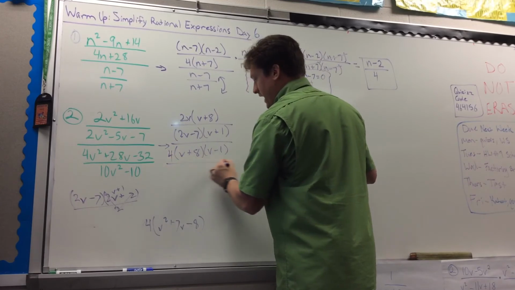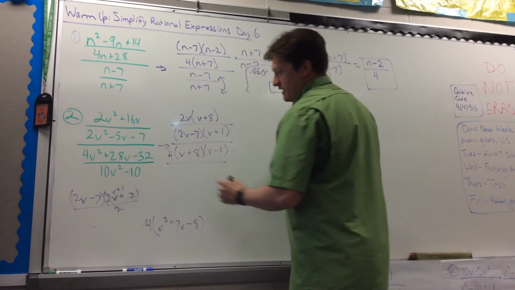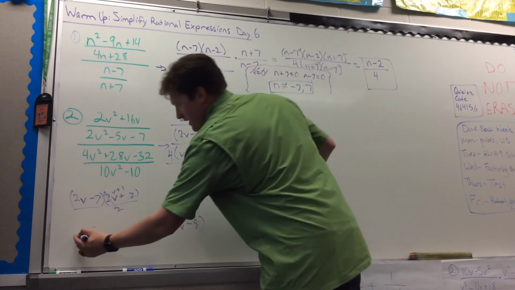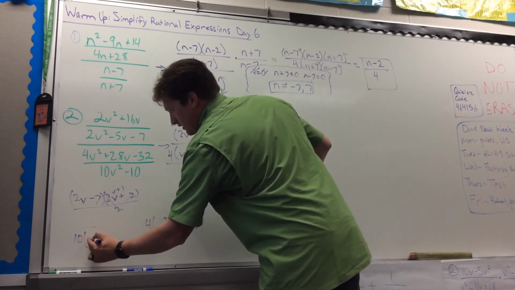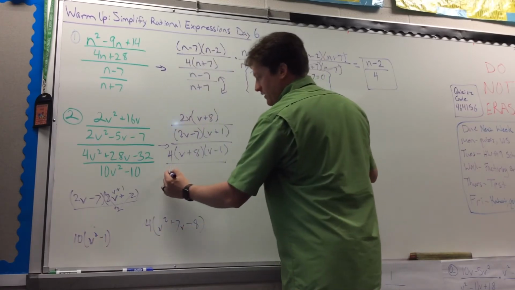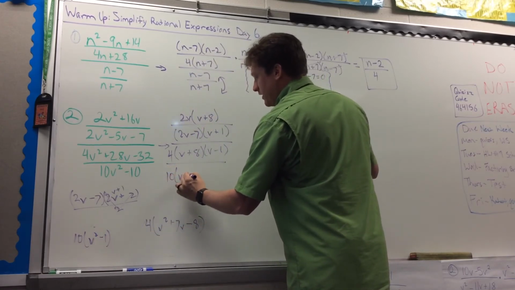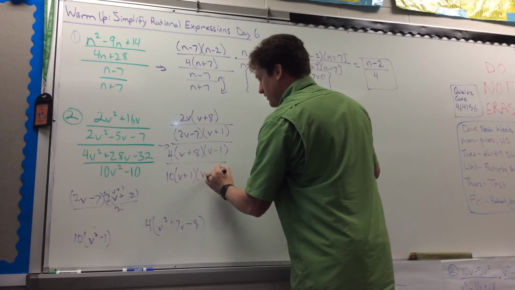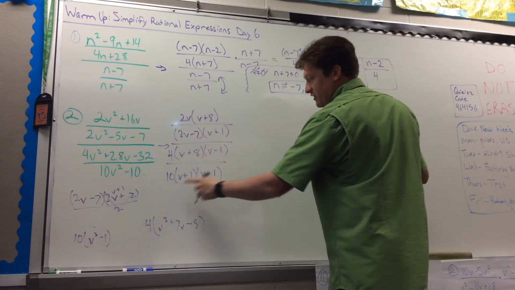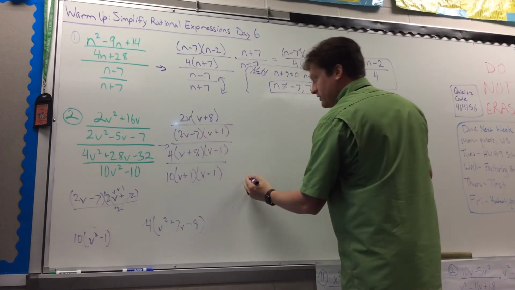And then underneath that, I can take out a 10. So 10 comes out. That gives me v squared minus 1, and I can use difference of squares right there. So I have 10 times v plus 1, v minus 1. Now I need to find all my restrictions. So I take every factor that's underneath here and set it equal to 0.